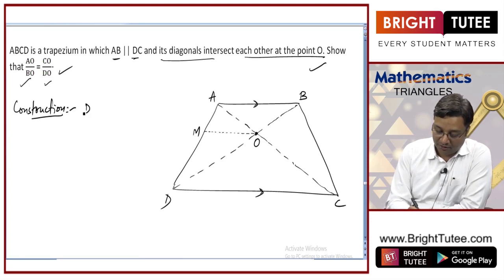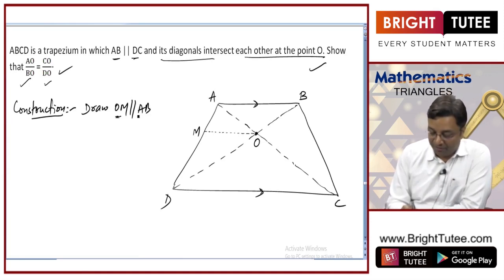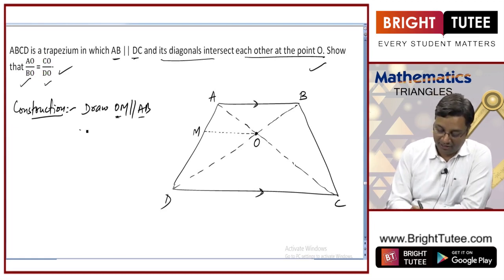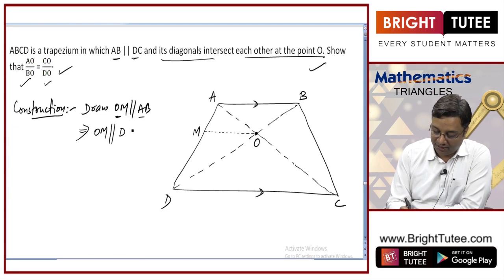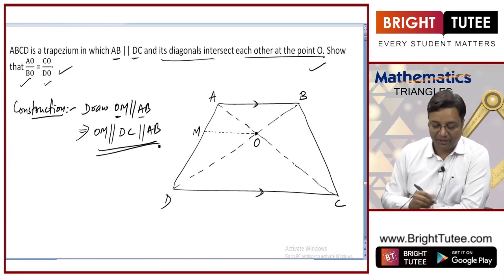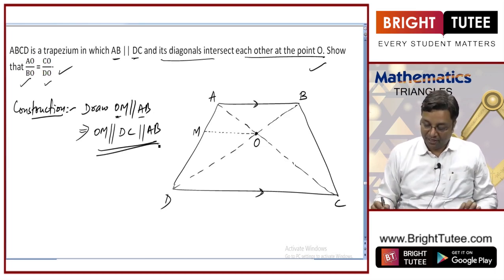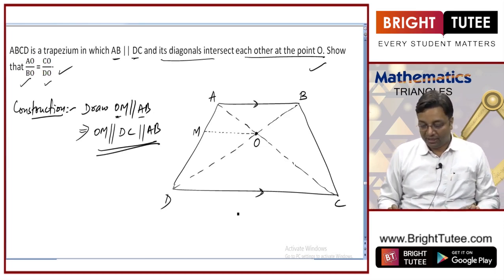Construction, draw OM parallel to AB, let us say. Now if OM is parallel to AB and AB is parallel to DC, so we can say OM is also parallel to DC and AB also. So I have written this result in one sentence. Okay, so this is the construction that I have made.